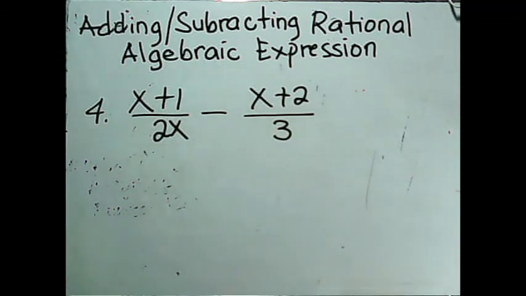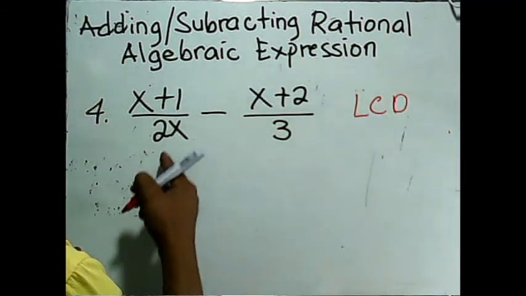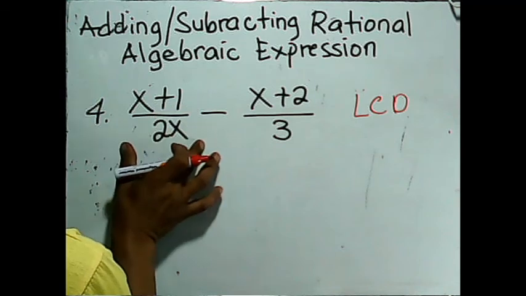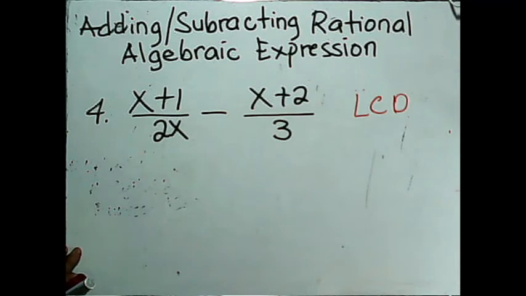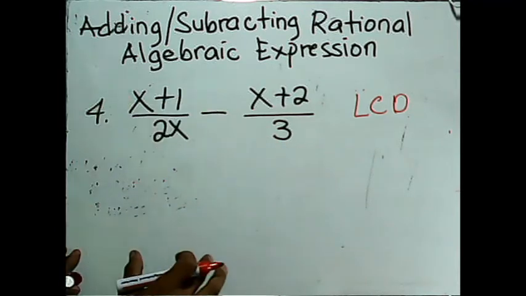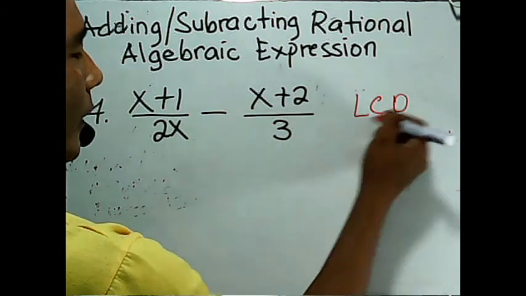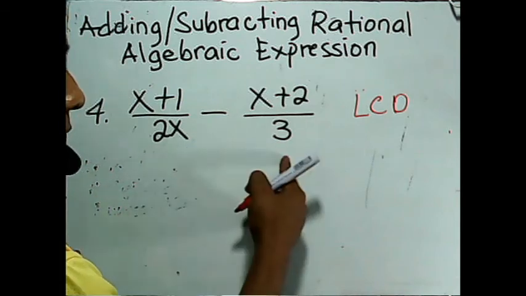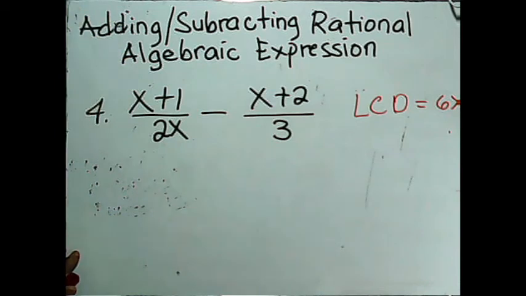Okay, so what is now our LCD? The numerators are binomials. So we multiply 2x and 3 becomes 6x. So our LCD is 6x.